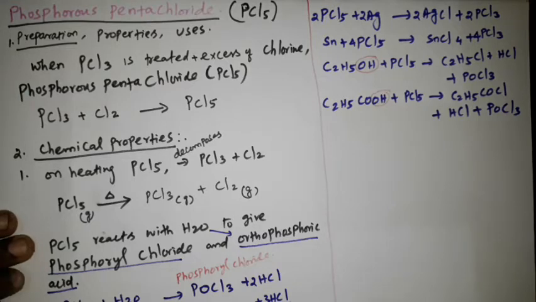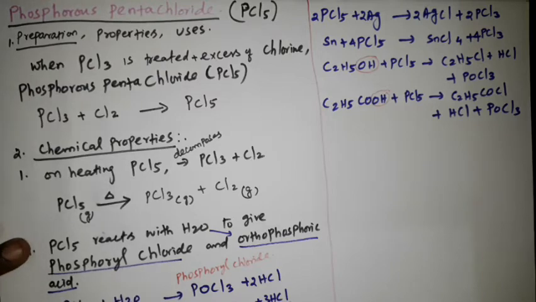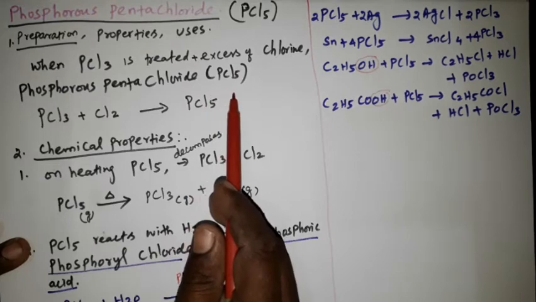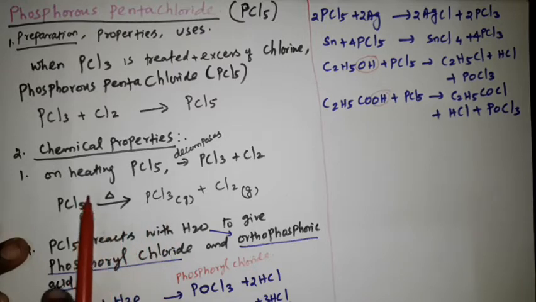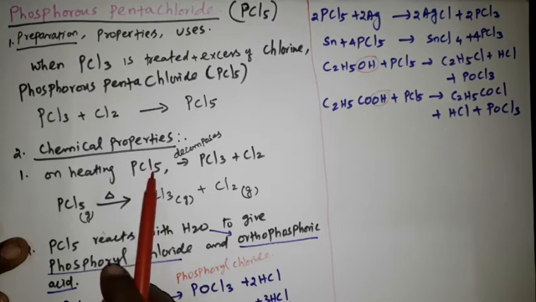PCl5. So first we studied the preparation, that is when PCl3 is treated with excess chlorine, we get phosphorus pentachloride, PCl5. Then second, the chemical properties. There are 3 important chemical properties. First one is the decomposition reaction of PCl5.